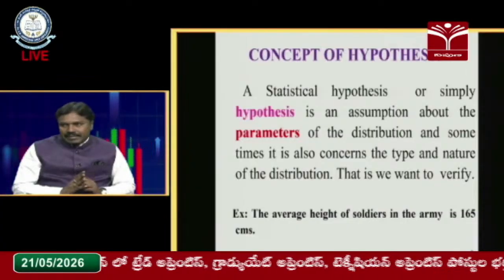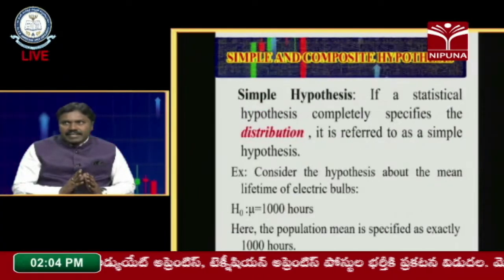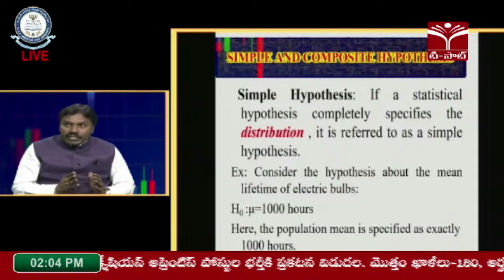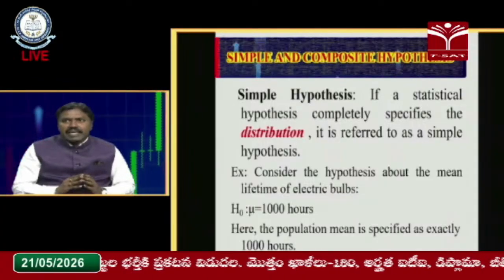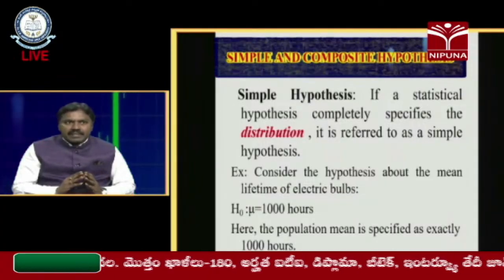For example, the average height of soldiers in the Indian Army is 165 centimeters. We'll define whether this is based on the region or overall, so which region we'll consider. Based on the sample data, we'll decide those things.